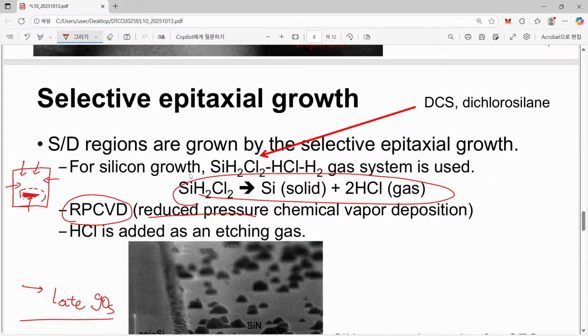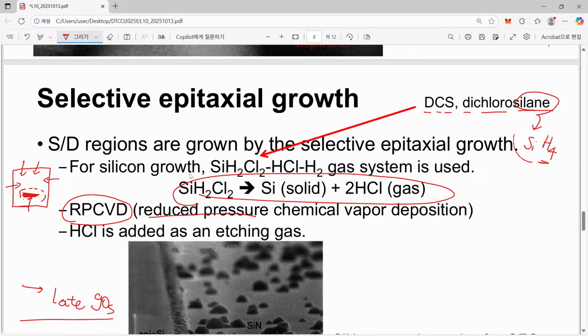And pressure is low, and we introduce a gas called DCS, dichlorosilane. And silane actually has the chemical formula SiH4. So this is a gas, and there is one silicon atom, and it has 4 valence electrons, and they are connected to the surrounding 4 hydrogen atoms.